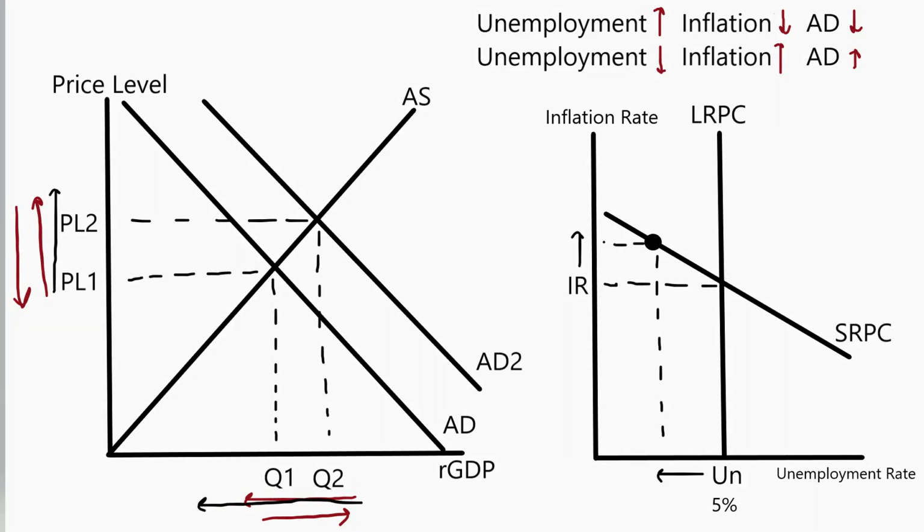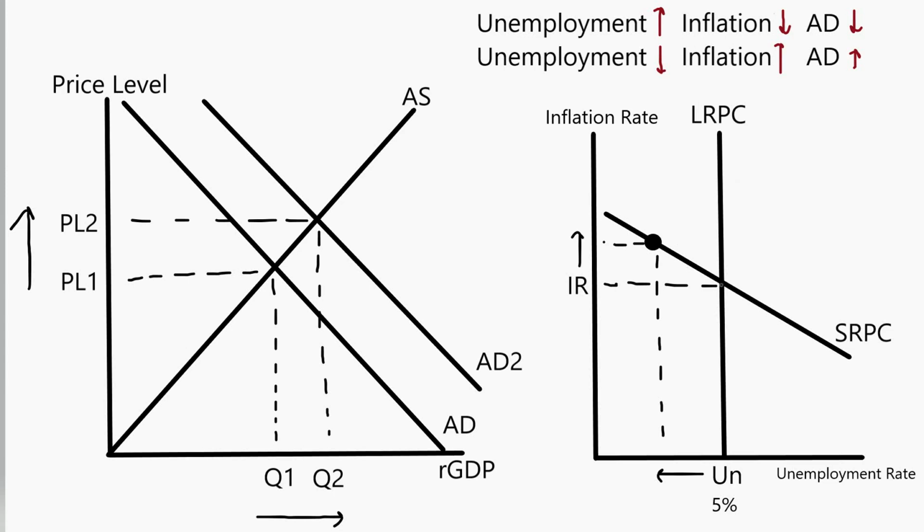So, hold on, let me just clear this up because this looks a little messy. So therefore, you can see that movement along SRPC to the left is really AD shifting right. It's just looking at the effects of changes in AD.